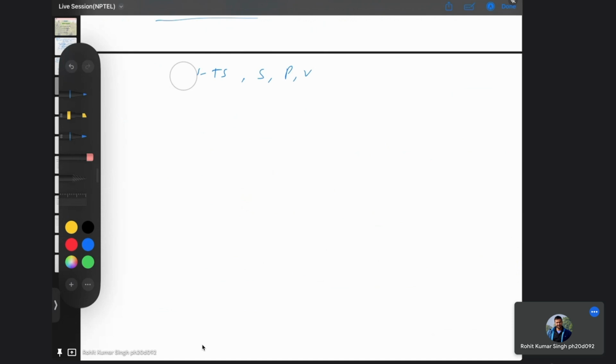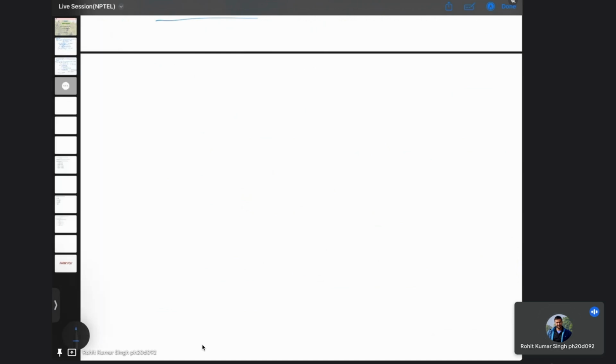Similarly, here we can define another kind of potential, which is called the grand potential, given by phi, and this is similar to the Helmholtz free energy. There is an extra term which is mu N.